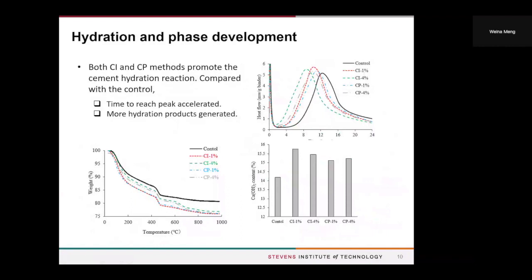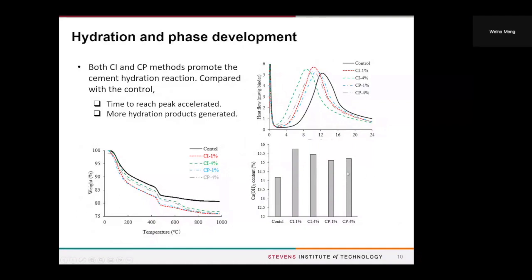So we're trying to figure out the mechanisms. First, we evaluated the hydration and phase development. As you can see, both the CI and CP methods promote the cement hydration reaction. Compared with the control, the time to reach the peak was accelerated, and more hydration product was generated by use of the calcium carbonate suspension.